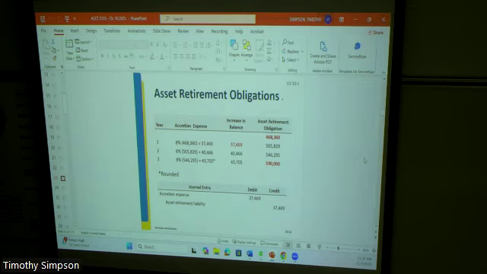So we book this at year 0, which is the purchase date. At the end of year 1, we're going to simply say 8% times this is going to be that, and we're going to add that to the balance. So 468,360 plus 37,469 gives us the new obligation of 505,829, which at the end of year 2, we take that times 8% is 40,466, which we add to that balance here to get us to 546, and we go on and on until we get to, at the end of year 3, 590.